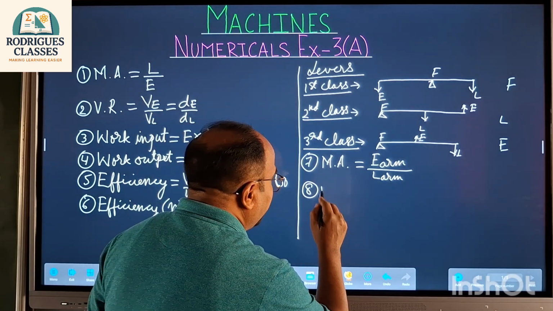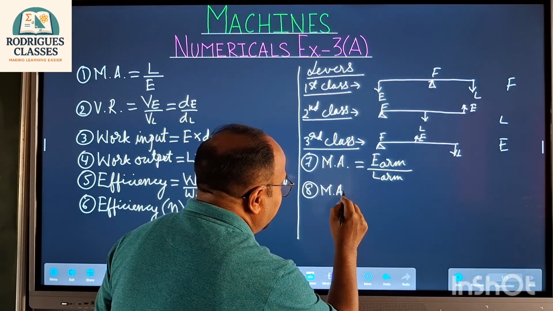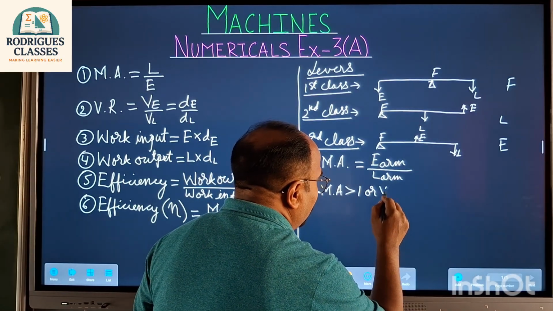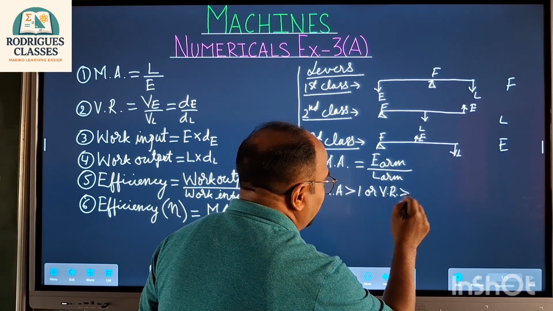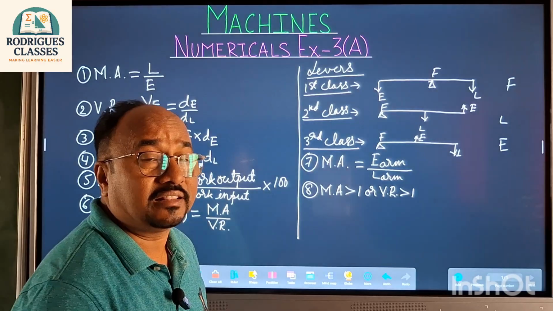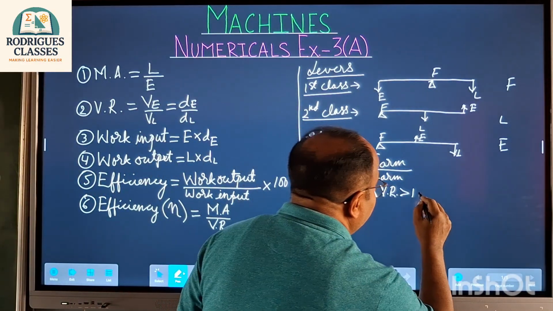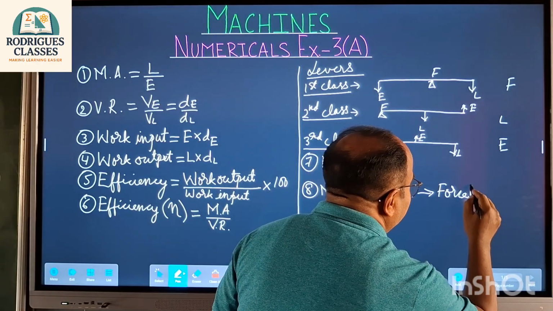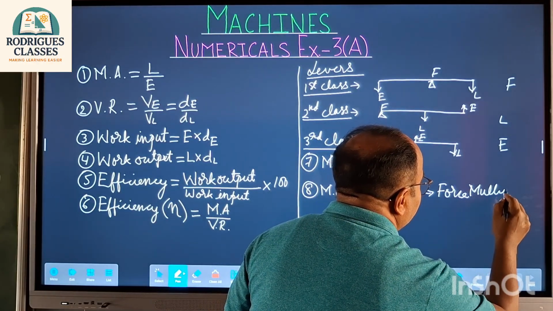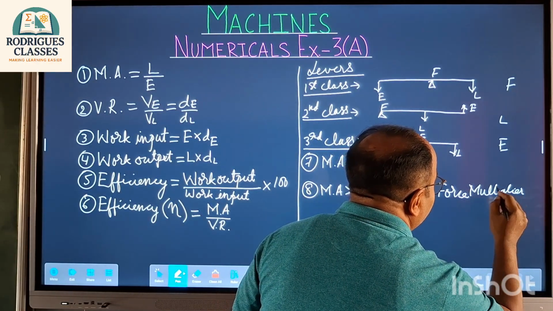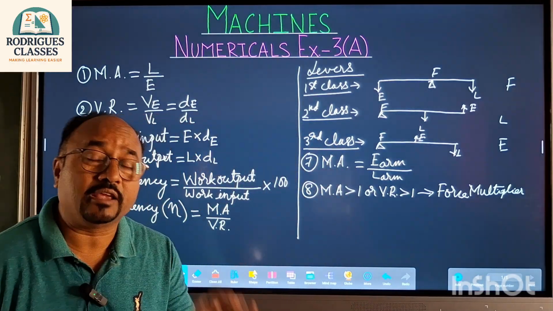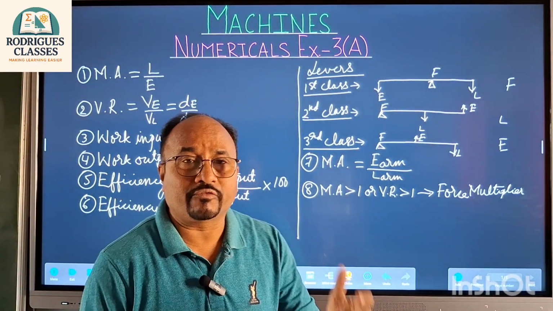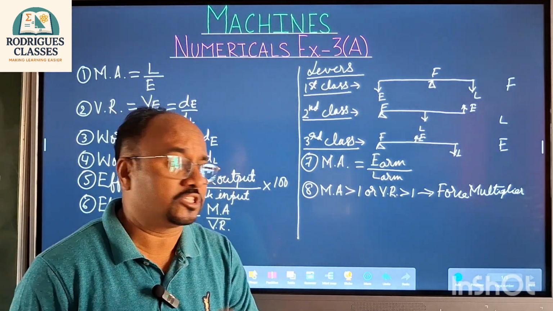If in a machine the mechanical advantage comes greater than 1, or we know the velocity ratio value and it is greater than 1, then that machine is categorized as a force multiplier. So you should remember, this is very important.